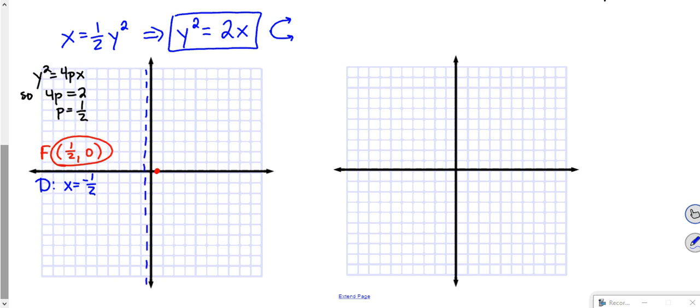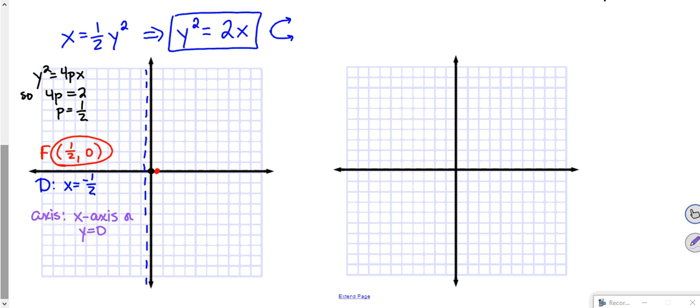Now, here's my vertex. Oh, one thing I forgot was the axis. Same type of deal. The axis here is the x-axis of symmetry, or the line y equals 0. Remember, your axis of symmetry and your directrix are always perpendicular.